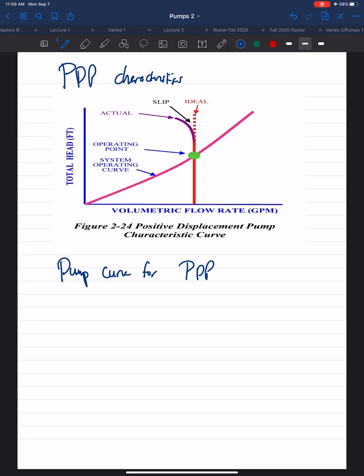For a positive displacement pump, the volumetric flow rate is directly proportional to the pump speed.